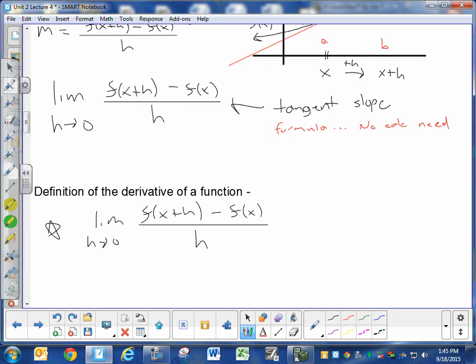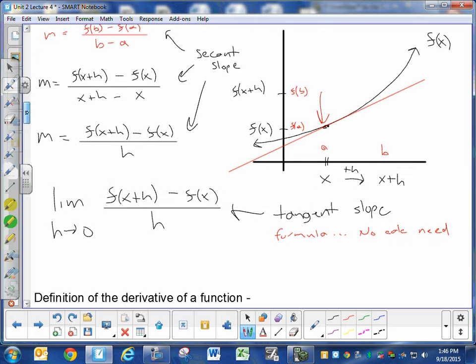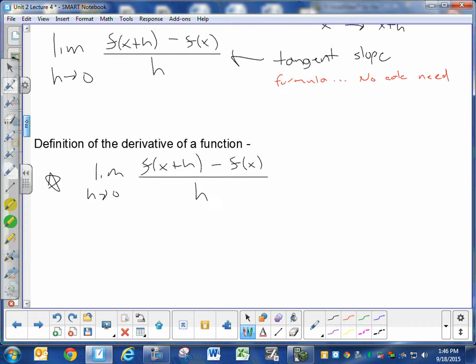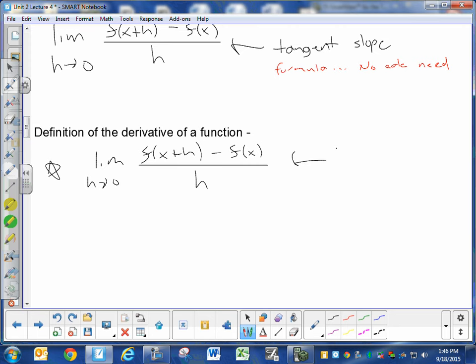This is still coming from the slope formula f of b minus f of a over b minus a, right? We just replaced it with a generic function, 2 points. As those 2 points got infinitely close together, it turned into this. It's just slope. But it's the slope of 2 points infinitely close together.